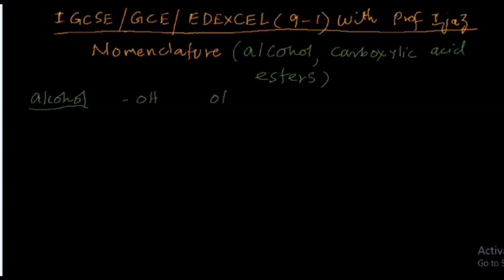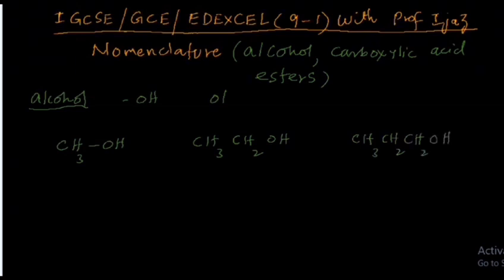Now let me draw the simplest alcohol first. Now this is the simplest alcohol. These two are the simplest forms of alcohol. Okay. Now the ending code is OL, so every alcohol name can finish with OL. First of all, count the carbon atoms. One carbon, so the code letter is meth.